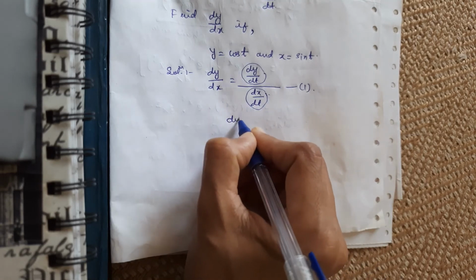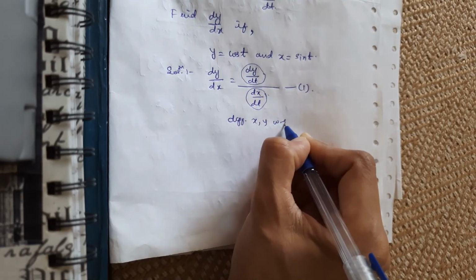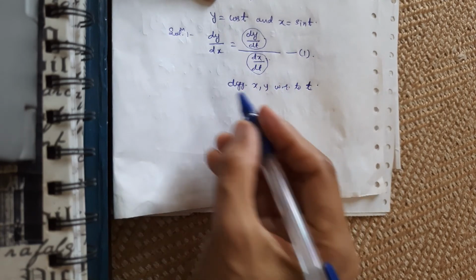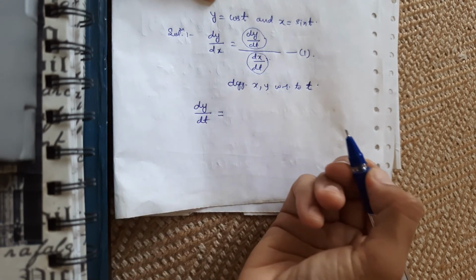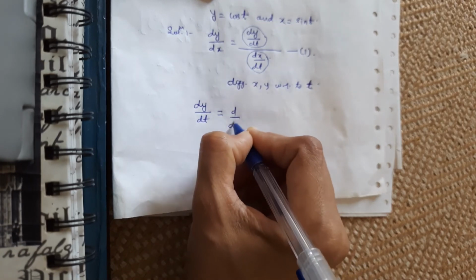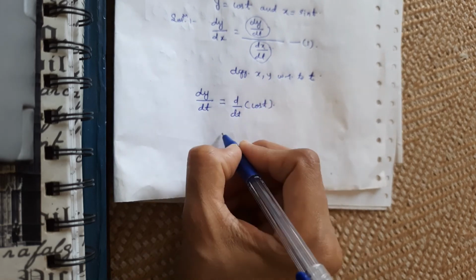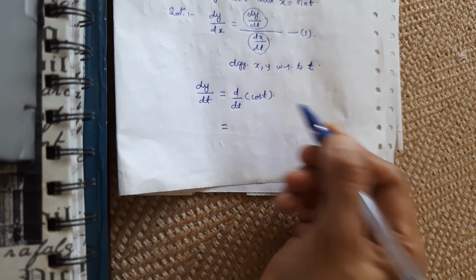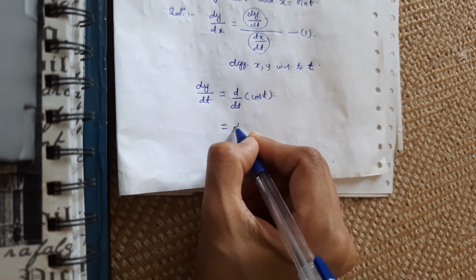So differentiate x and y with respect to t. What will I get? Dy by dt equals d by dt of cos t. It is similar to d by dx of cos x, so d by dt of cos t is minus sin t.